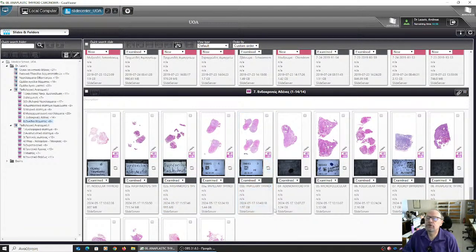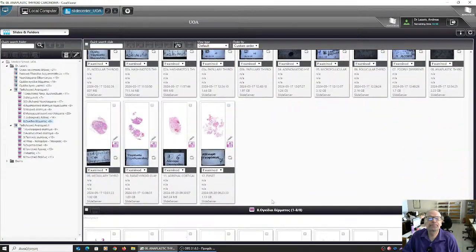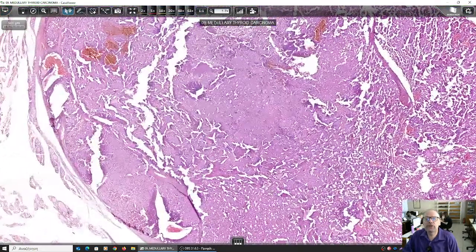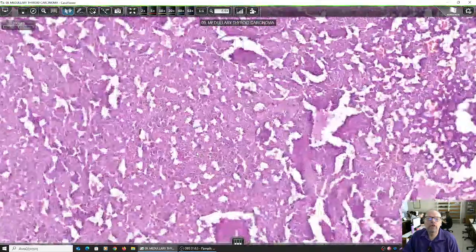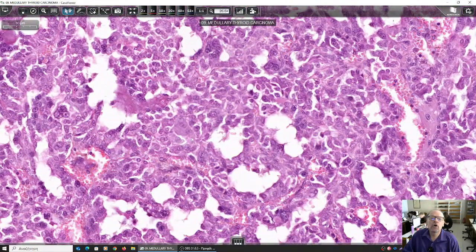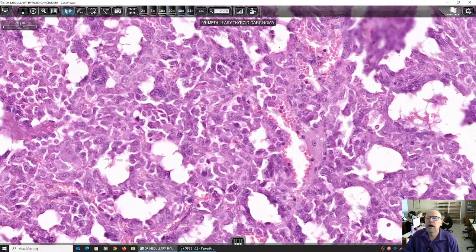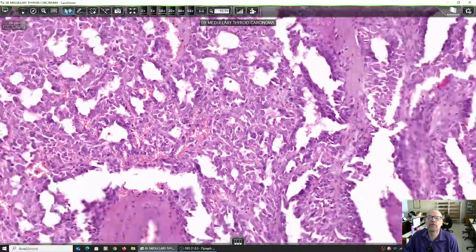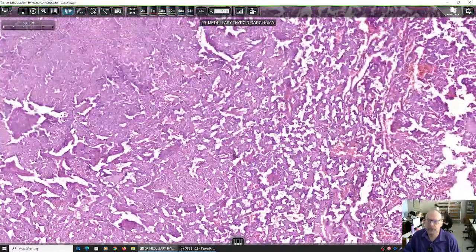Now, we have a tumor in the thyroid that does not derive from follicular cells. It appears to have a rather organoid pattern composed of homogeneous looking cells, at least as far as the shapes and sizes of their nuclei are concerned.